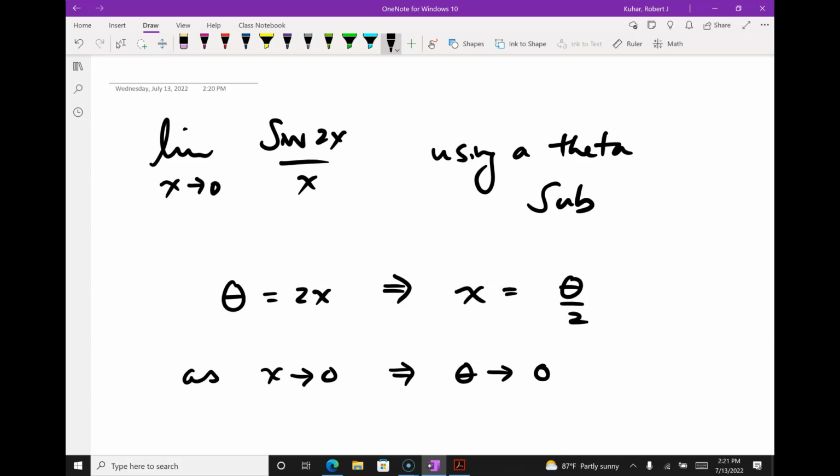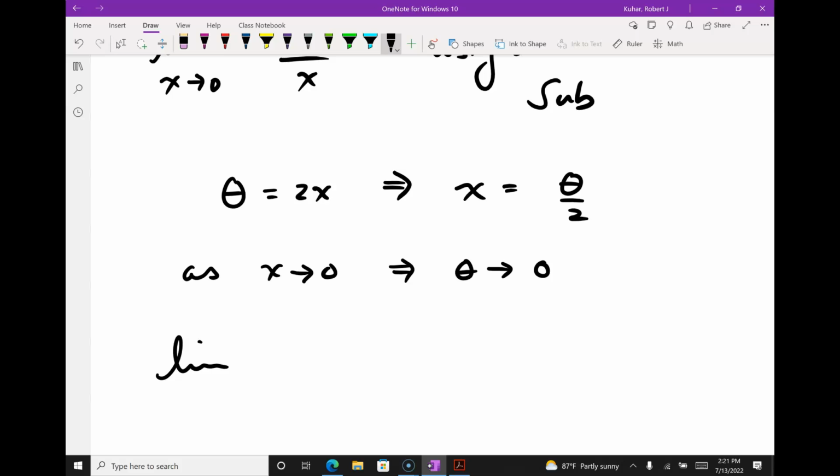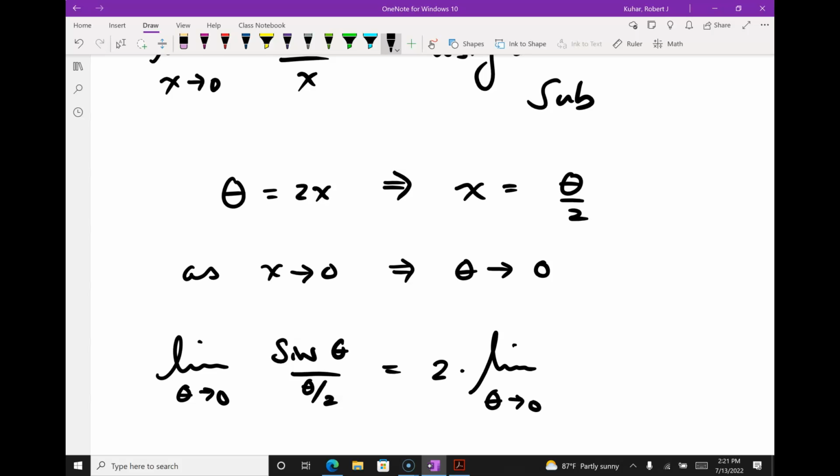Yep. So now the limit as theta goes to 0 of sine of theta over 2, what can I do with that 2? Yep. So 2 times the limit as theta goes to 0 of sine of theta over theta. Well, that's just like sine of x over x, right? So where does that limit go? To 1.